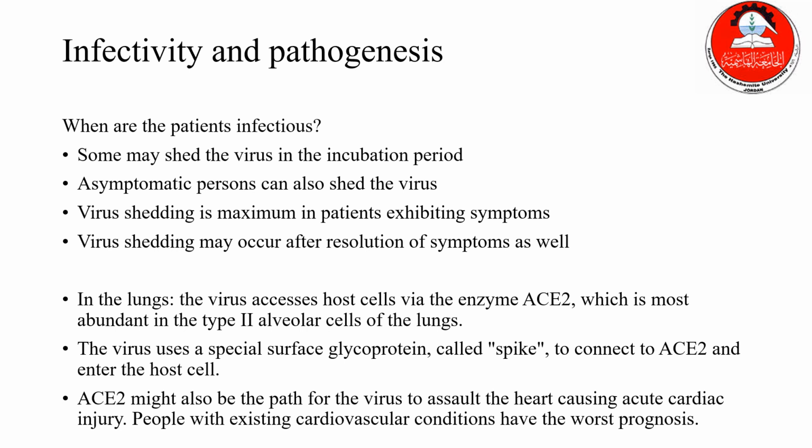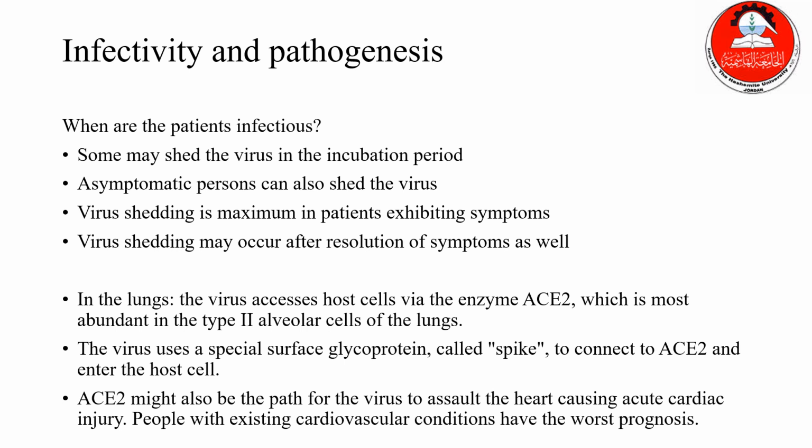In the lower respiratory tract, the virus uses the ACE2 receptor on the cells, which is most abundant in the type 2 alveolar cells of the lung. It attaches to these receptors and enters into the cell. After that, the spike glycoprotein connects to the ACE2 receptor and enters into the cell, replicates, and spreads the infection to the neighboring cells in the lower respiratory tract.